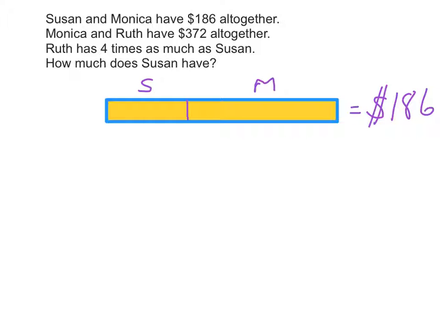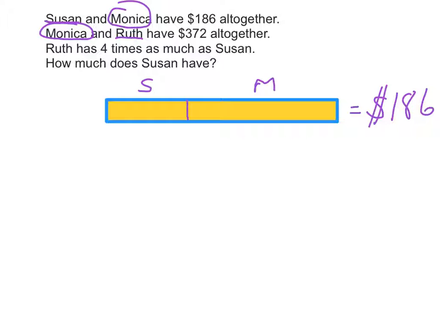But since I'm trying to show that Ruth has 4 times as much as Susan, and it's the same Monica in both of them, I need to draw Monica's the same size, but I need to draw Ruth's 4 times bigger than Susan.